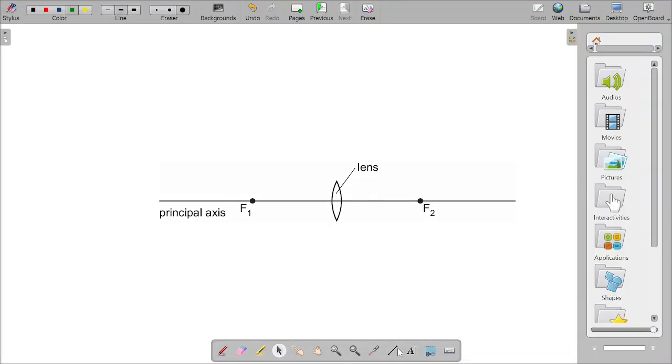Remember, when you place an object on the principal axis in front of a lens, suppose this is your object, the rays coming from the object move parallel to the principal axis, and when they hit the lens, after that they converge towards the focal point. This is the point. So you have to define it just like that.